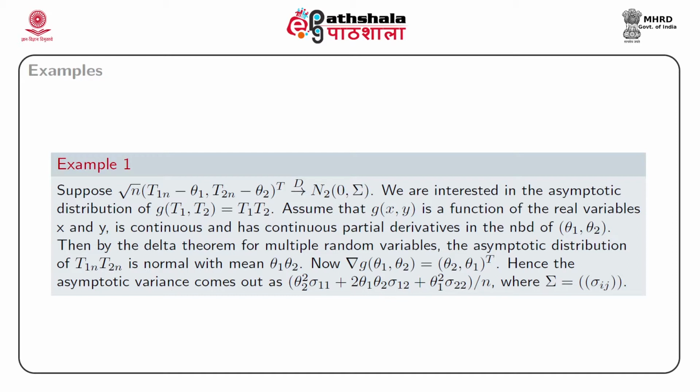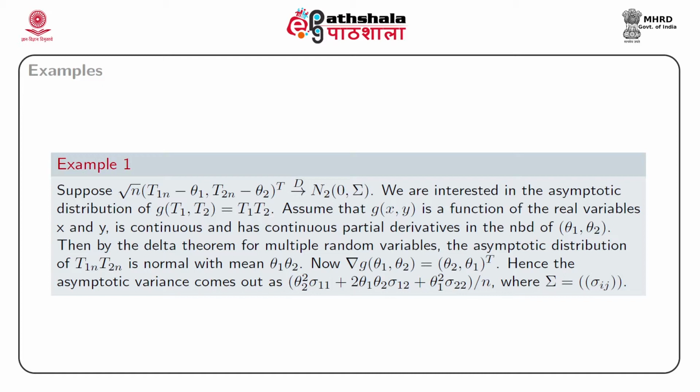And we are interested in the asymptotic distribution of G, which is defined as T_1 multiplied by T_2. So assume that G(x,y) is a function of the real variables x and y, is continuous and has continuous partial derivatives in the neighborhood of (theta_1, theta_2).